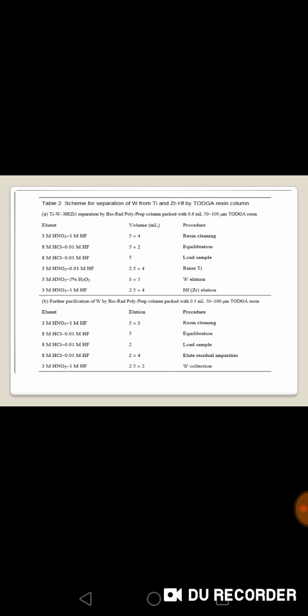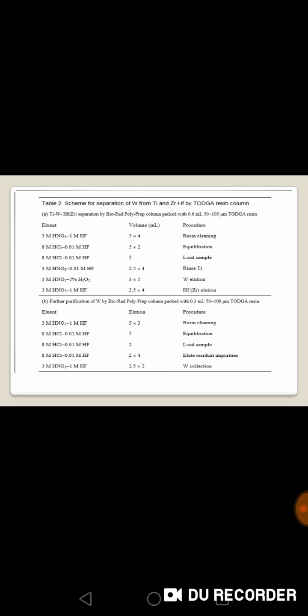So in this we again go for the rinse and cleaning by using eluents 3 molar HNO3 and 1 molar HF, and the elution is 5 times 3 ml, and next is the equilibration, loading the sample, eluting the residual amount, and finally we will get the tungsten the most.